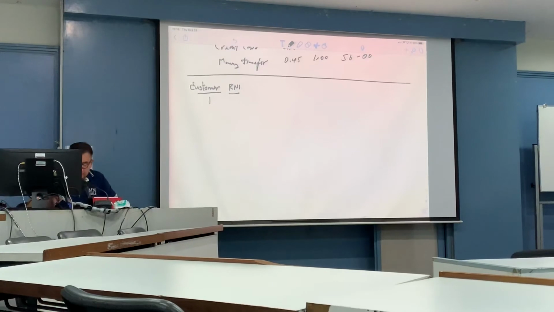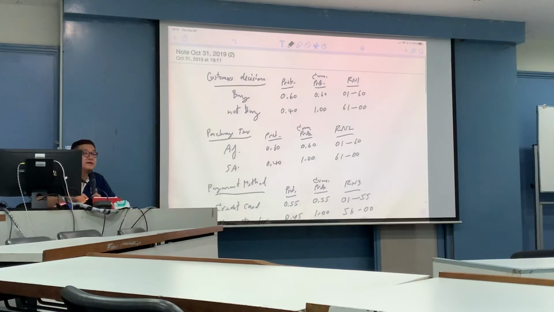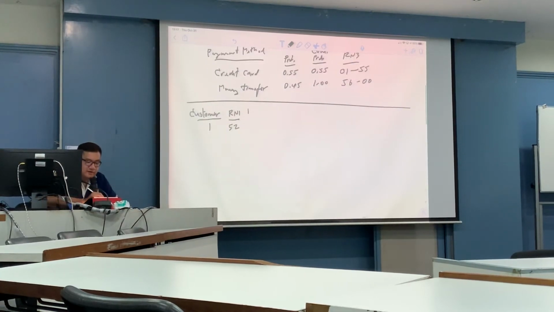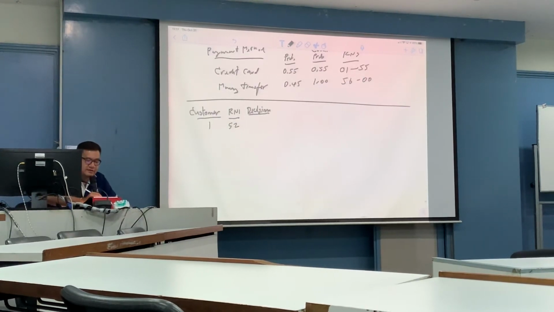We generate the first random number for customer decision. The first random number is 52. 52 is in the range of 01 to 60, right? So the decision is buy. So the first customer can buy. And then what next?